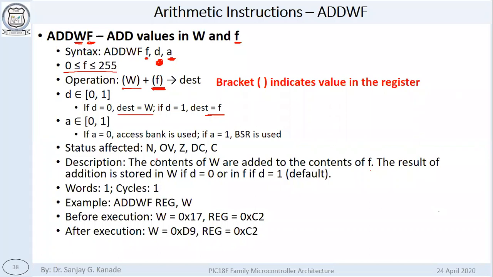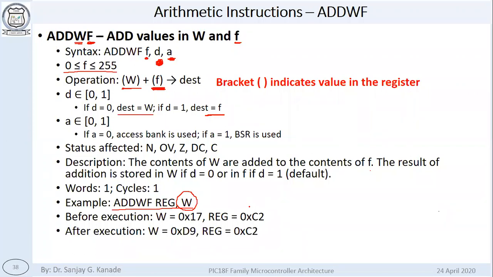So after executing this instruction, the contents of W and the contents of file register F are added together, and the result of the operation is stored in either W or F. If D is equal to 0, the result will be stored in W. If D is equal to 1, the result will be stored in F. For example, if this is the instruction I am running, ADDWF REG, W. Now this is something interesting: I am not writing the D bit, I am writing W directly.